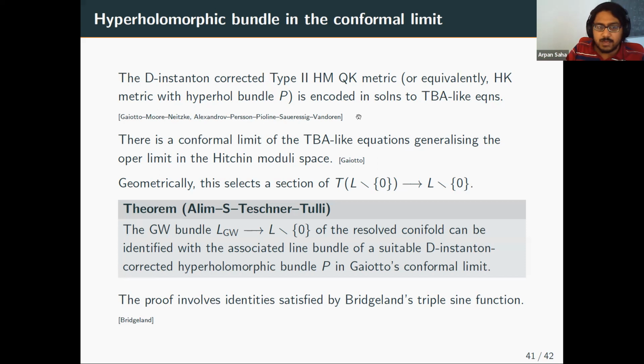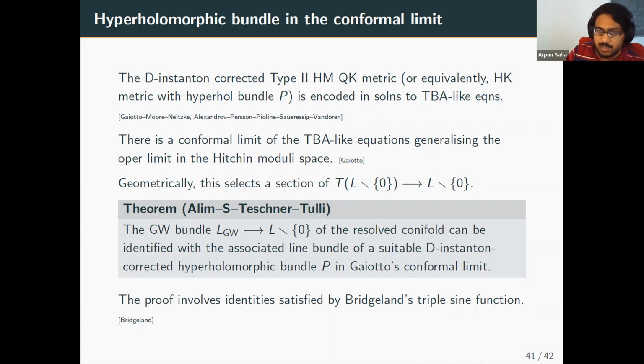Now, given all of that, there is a conformal limit that was defined by Gaiotto. This is analogous to the conformal limit in the thermodynamic Bethe Ansatz, and it generalizes the Hitchin limit in the Hitchin moduli space, which by the way is a special case of a hyperkähler manifold which has a hyperholomorphic circle bundle.